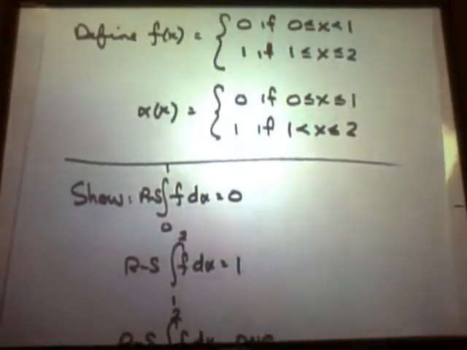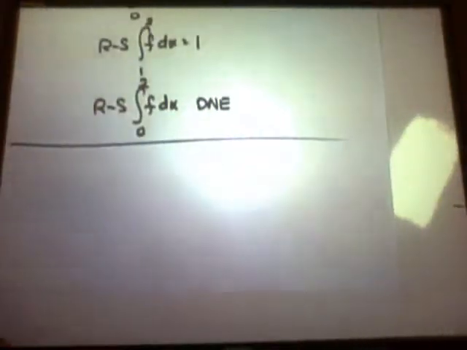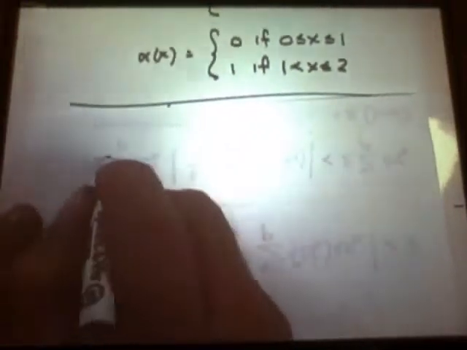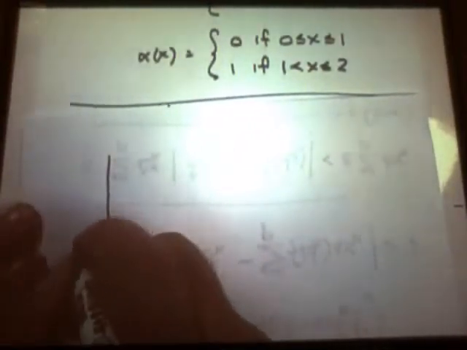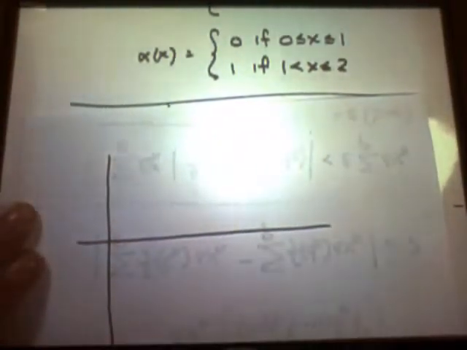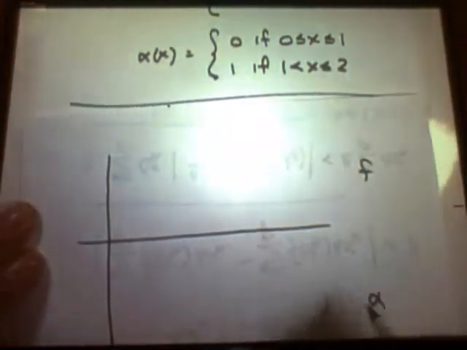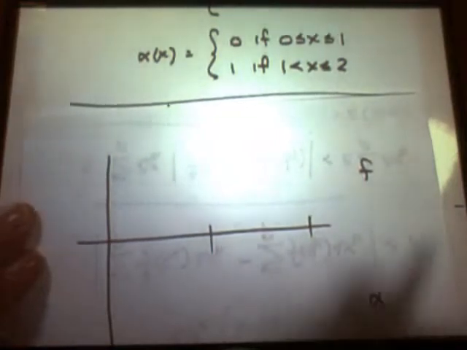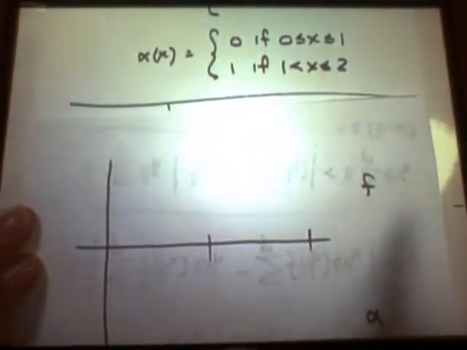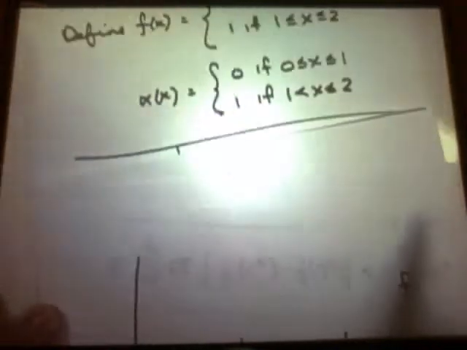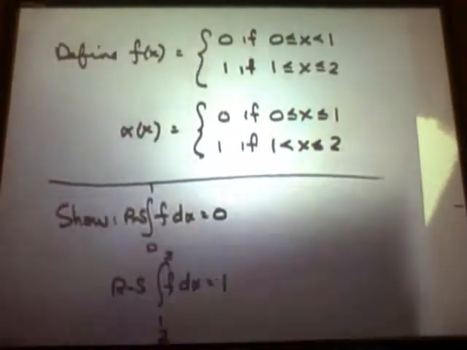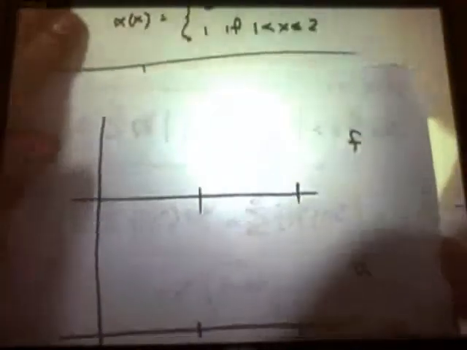It's kind of hard to draw. Let me try to make a consistent drawing, with the same y-axis, this will be f and this will be alpha. So here's 1 and here's 2. You can't see everything here, so let me draw the graphs in front of you.